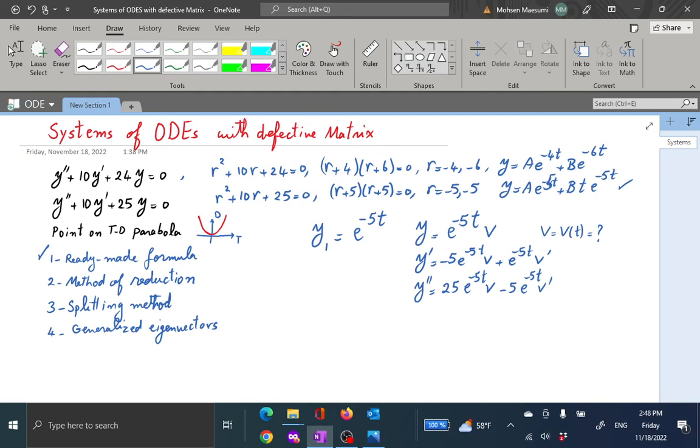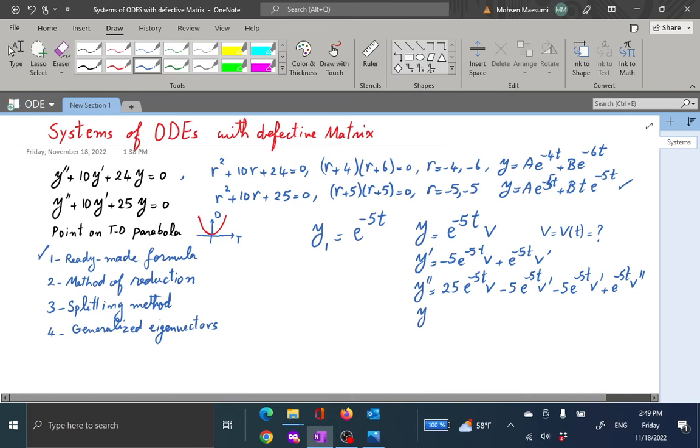First term, just like the previous case, is going to be minus 5 exponential of minus 5t v prime, and finally the derivative of v prime, that's going to be v double prime.